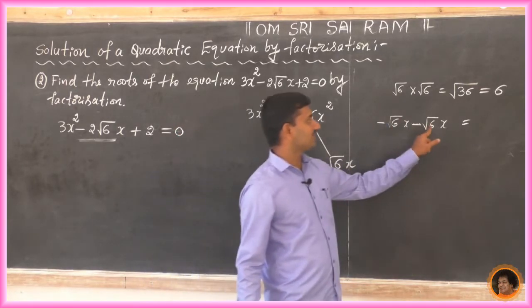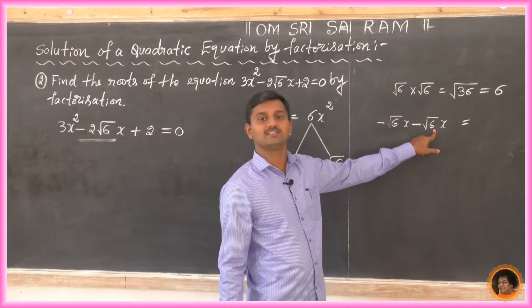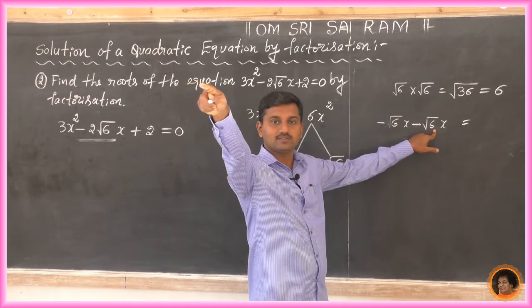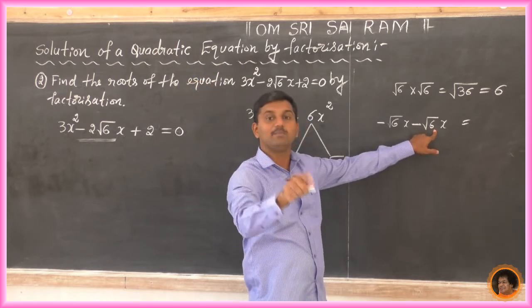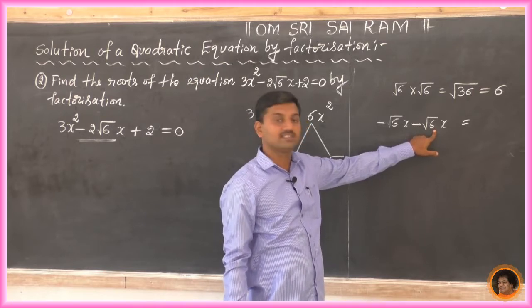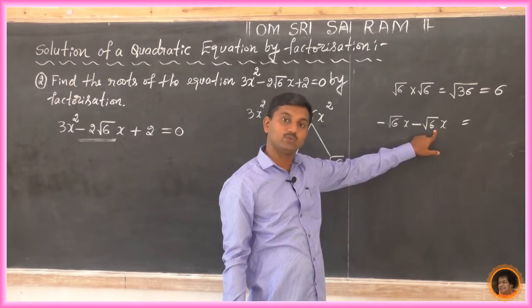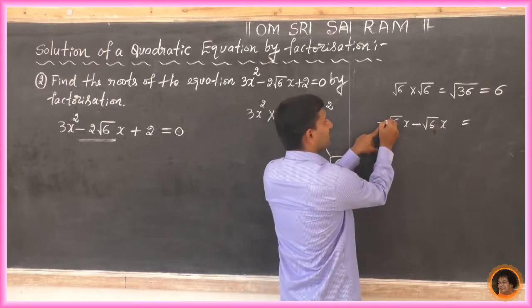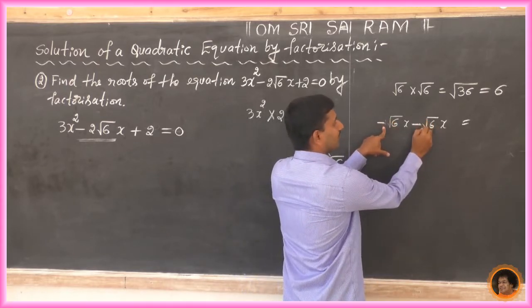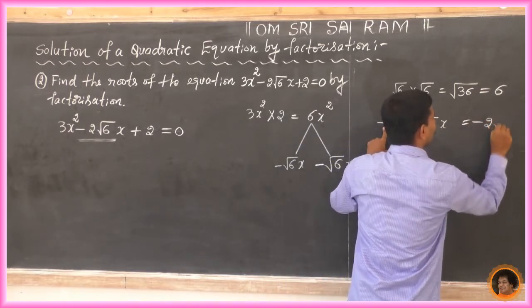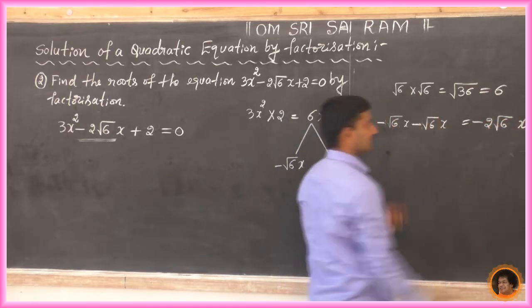So root 6 and root 6, these are the surds. With respect to the surds, how to find the sum and the product, that you know. Like surds can be added or subtracted, only their coefficients. So here the coefficient is 1, here the coefficient is 1. So minus 1, minus 1, that is minus 2 root 6x.